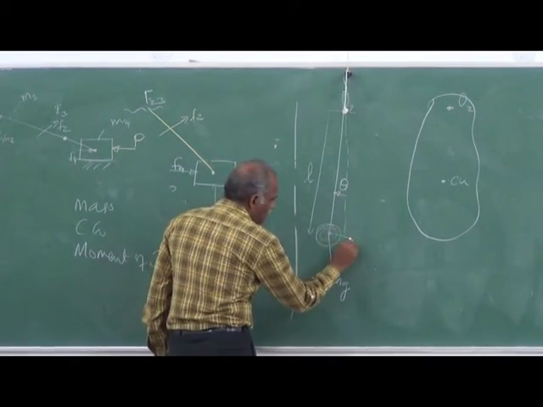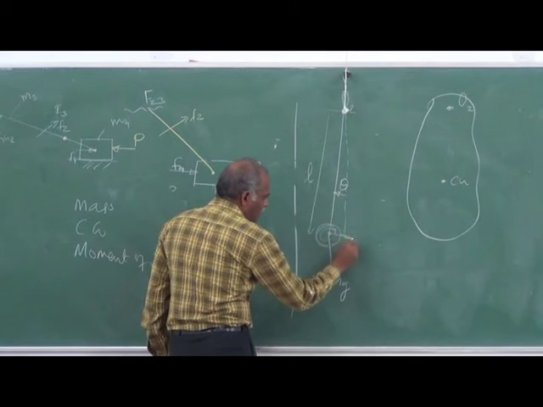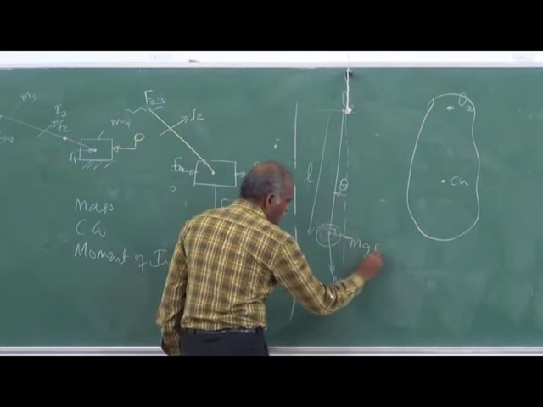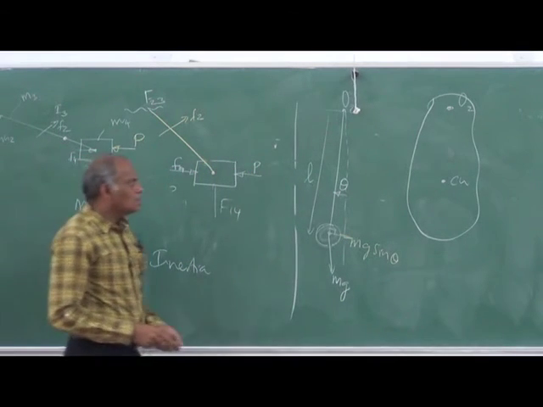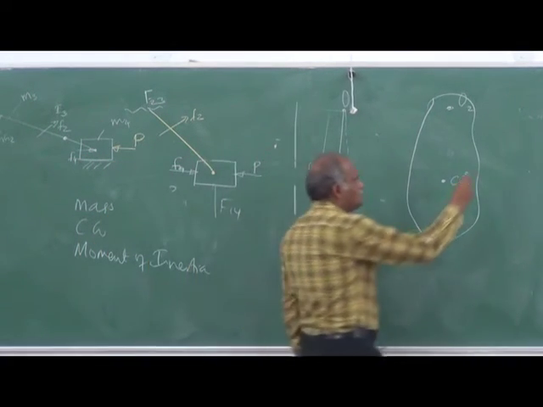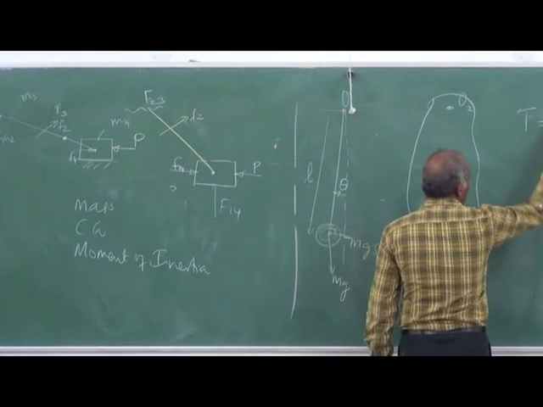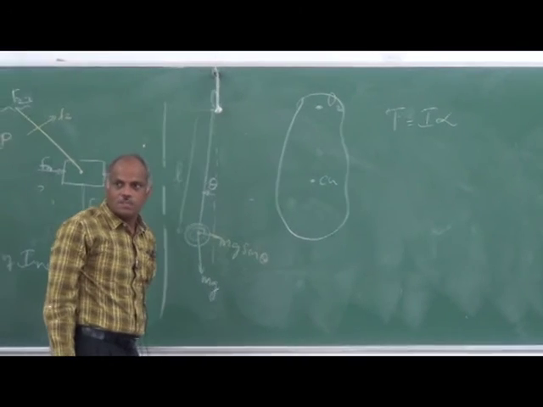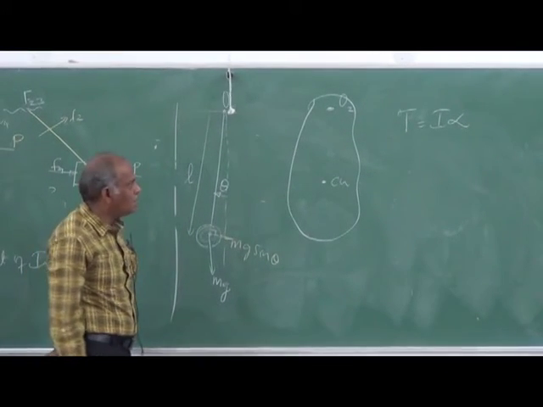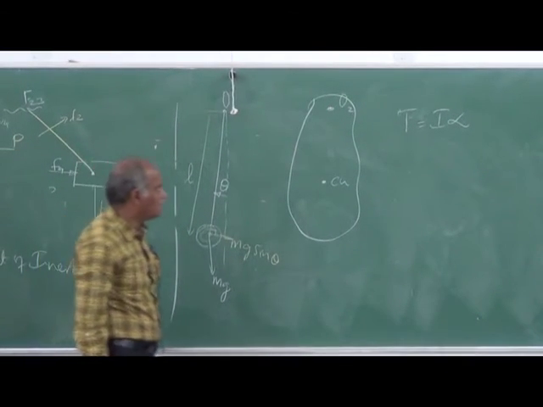So there is a small component perpendicular to it. What you will have is mg sine theta. So the torque is equal to I alpha. That's what we use, the first principle, for deriving the pendulum period.